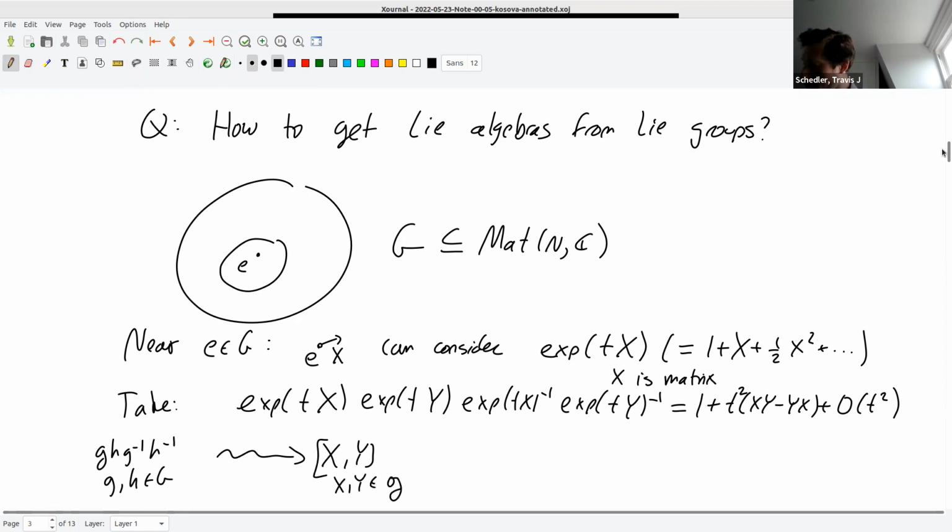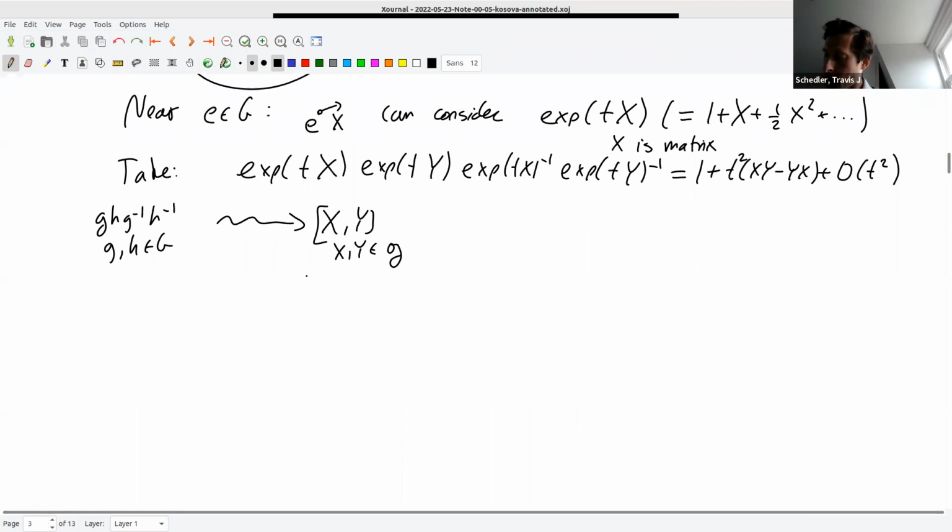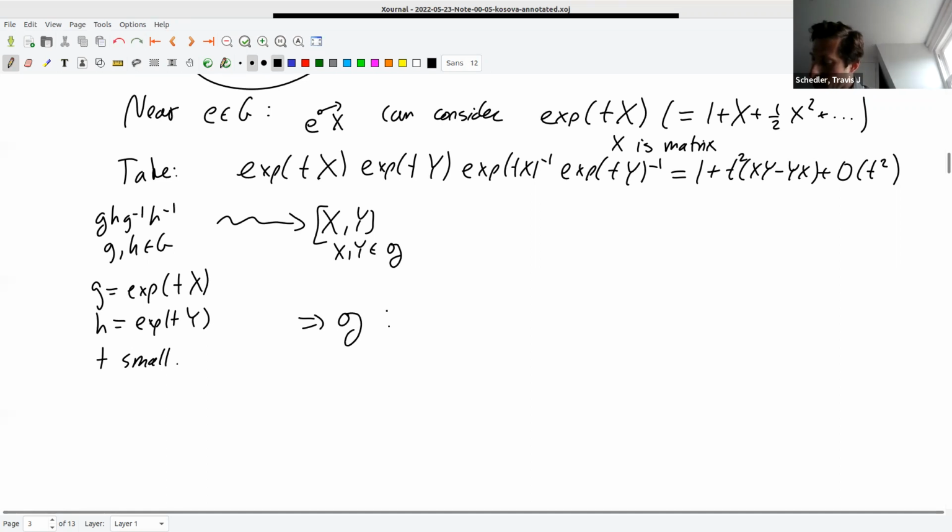And the way to relate the group elements to these elements is you could think about g as exponential of X and h as exponential of Y for, say, t small. So basically the upshot is that G is a vector space.